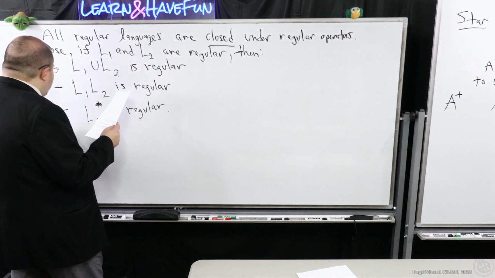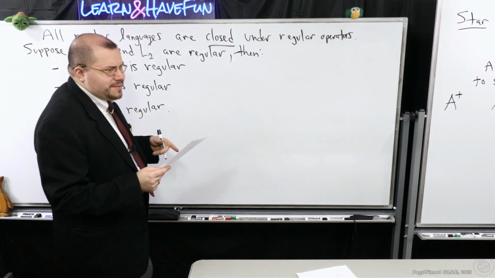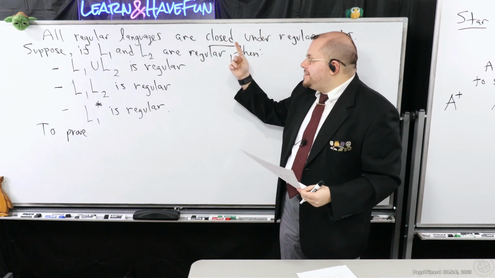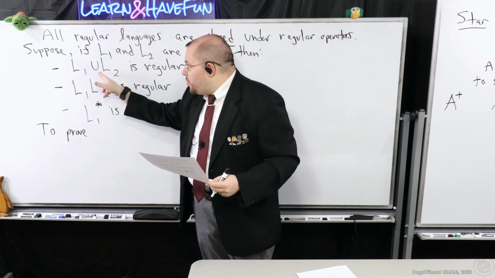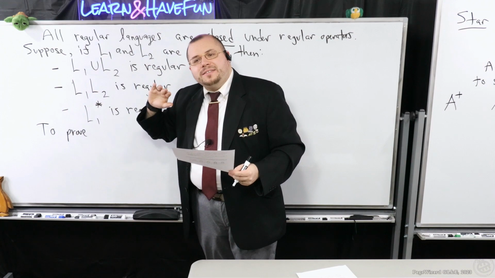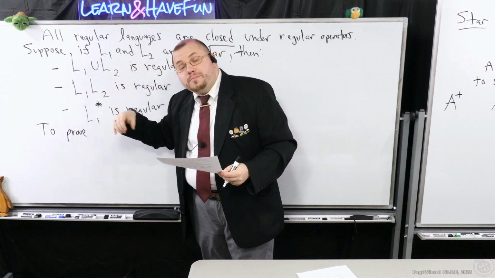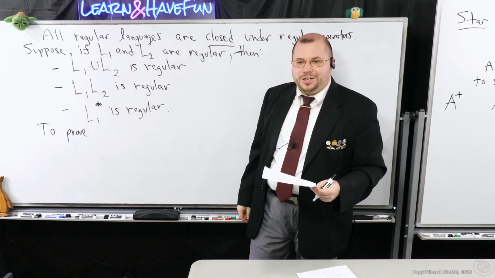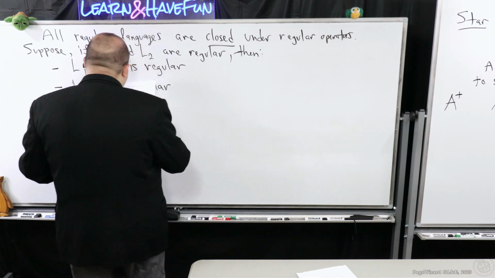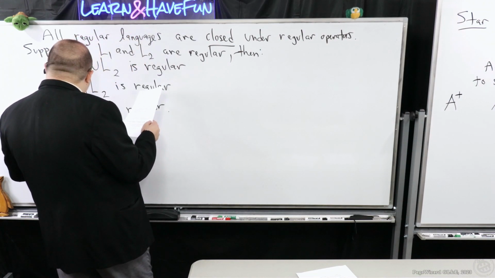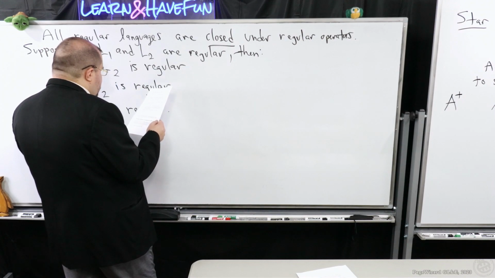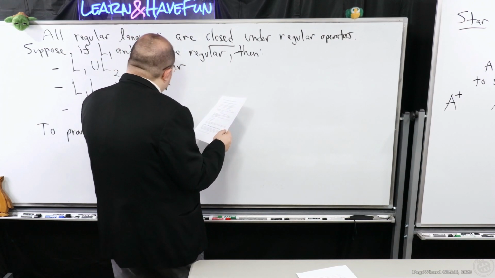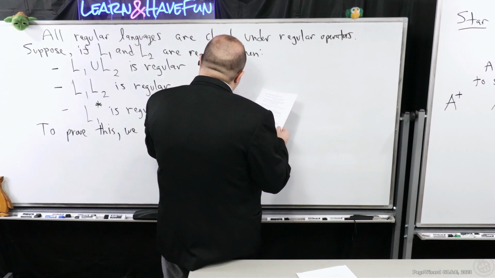So you might ask, okay, how exactly do you go about proving this? Just to be very clear, again, what closed means: it means that if I give you two regular languages and I perform the union operation, the question is, since these are both regular languages, does it remain regular? So is it closed under this operation? To prove this, we could present DFAs, right?